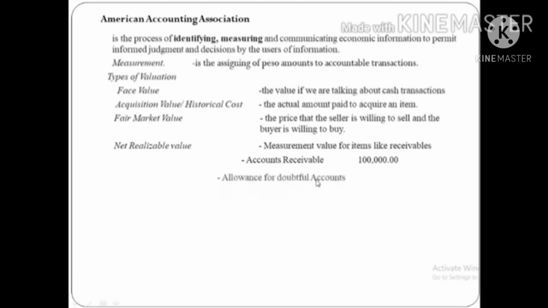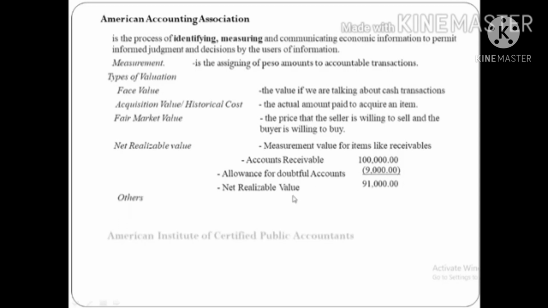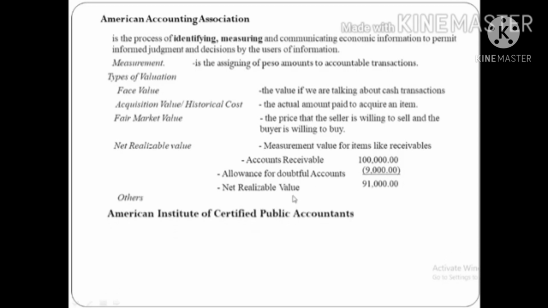Let's say, for example, the allowance for doubtful accounts is 9,000. The net realizable value that you are going to consider is only 91,000. And of course, there are a lot more. The point is, the measuring phase is not just assigning peso amounts to transactions, but also assigning the proper valuation to the accountable transactions.